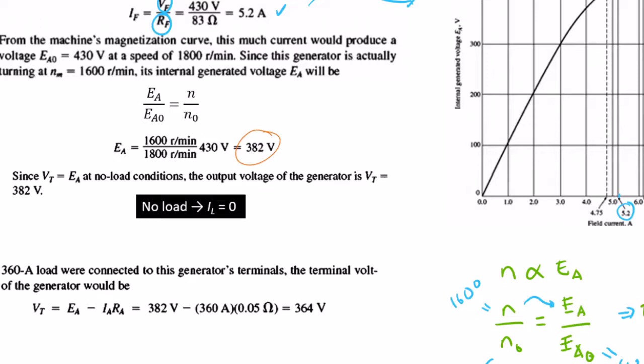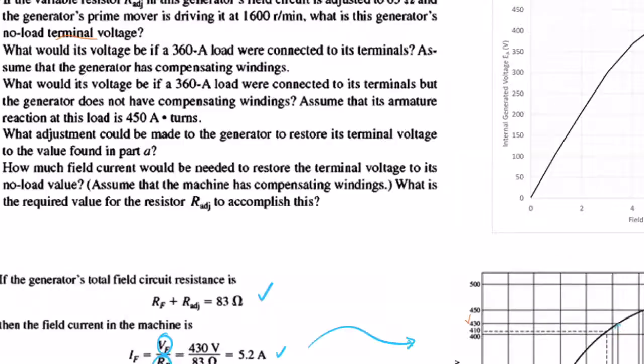The question is what is the no load terminal voltage. So the question is asking what is the value of VT, not EA, when there is no load.